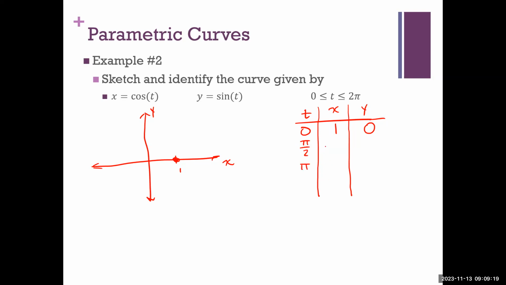When t is pi over 2, what do I get? What's the cosine of pi over 2? 0 and 1. Okay, so I got another point. How about for pi? Negative 1 and 0. Do we have an idea yet?